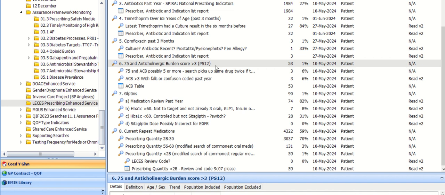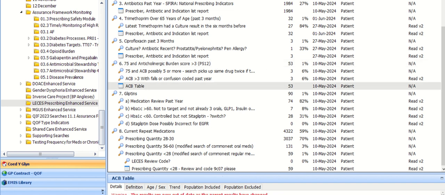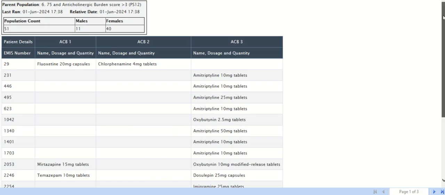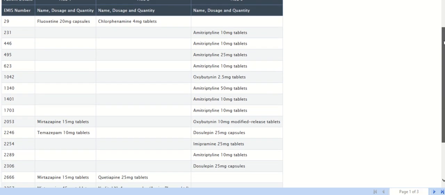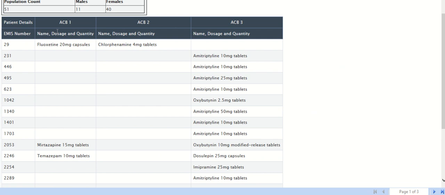You can use Audit Plus to find your patients who are on medications for high anticholinergic burden scores. We have created a table for this, and I can show you this. I've taken away name and date of birth, but it's 3 columns. One will show you medications that have got an ACB score of 1, 2 and 3.